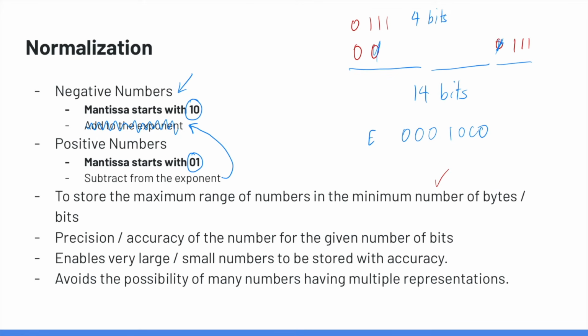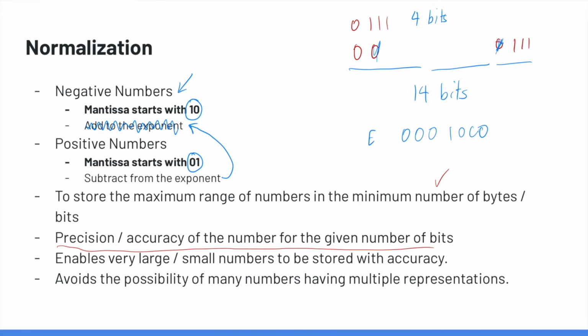Now, additionally, because we need to use fewer bits to represent numbers, we can also have a higher precision or accuracy for a given number of bits. So if we can represent a larger number using fewer bits, then we're more likely to have a situation where we don't need to cut off numbers, or get rid of digits in order to make sure that they can be stored in a particular number of bits.